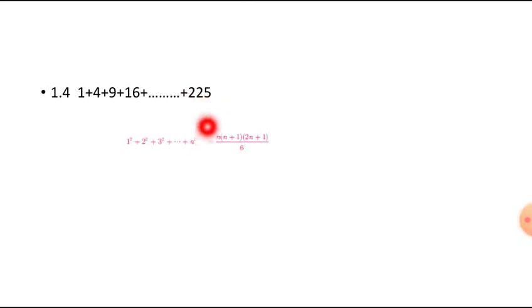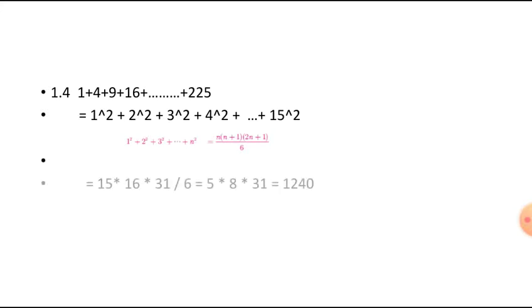So the n value will be 15, and directly we can apply the formula for the sum of the squares, that is n into n plus 1 into 2n plus 1 divided by 6. So 15 into 16 into 31, since 2 into 15 is 30 plus 1 is 31, and n plus 1 is 15 plus 1, 16, divided by 6. So directly we can apply the formula and we will get the sum.